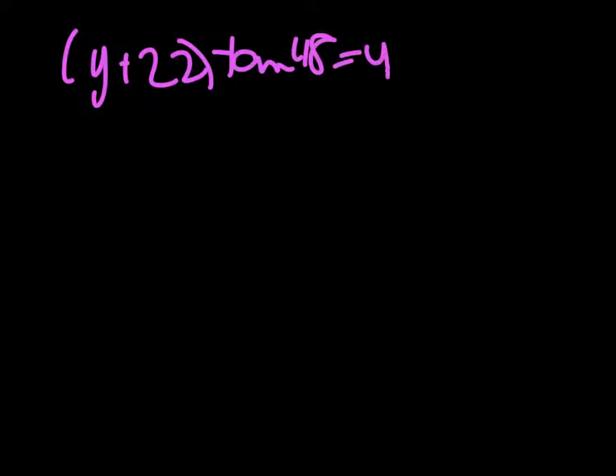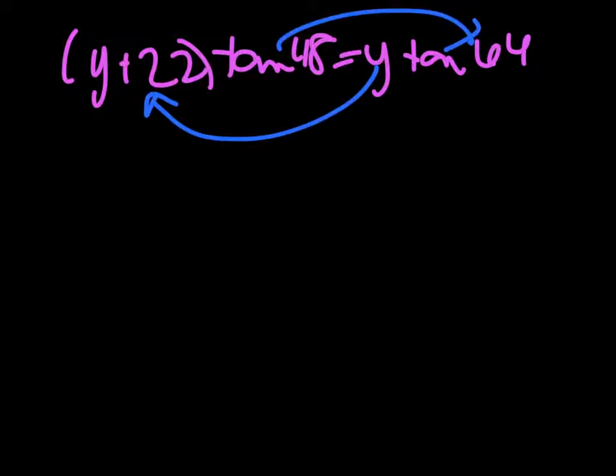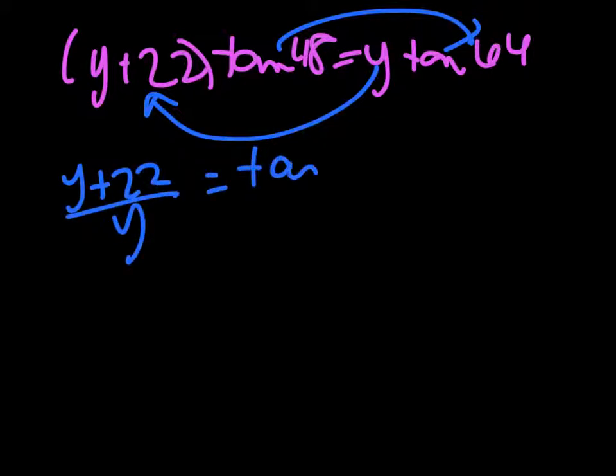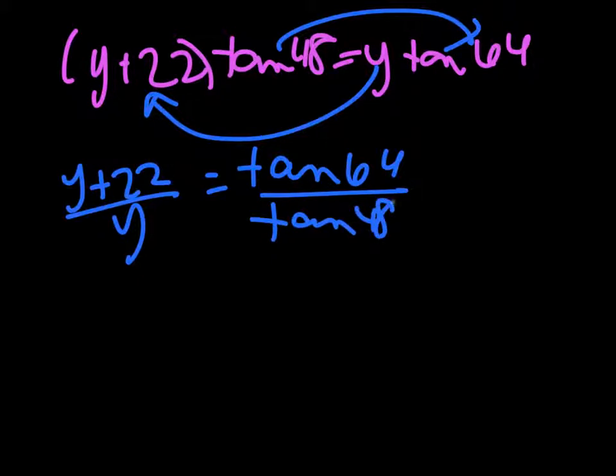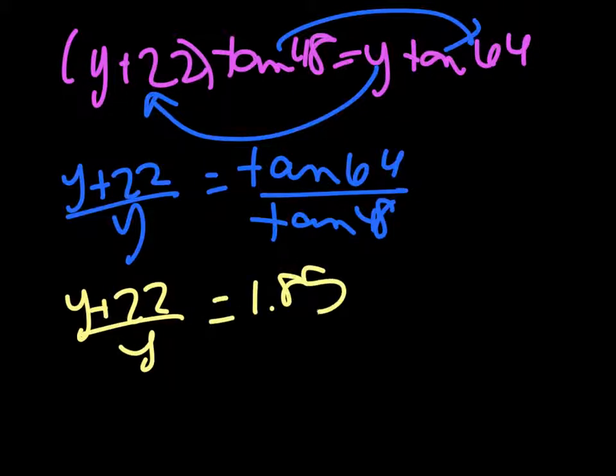All right, from the previous slide, we had y plus 22 times tangent of 48 equals y tangent of 64. So if you move your y over to this side, your tangent over here, you get y plus 22 over y equals tangent of 64 over tangent of 48, which gives you y plus 22 over y equals 1.85 when you put it in the calculator.